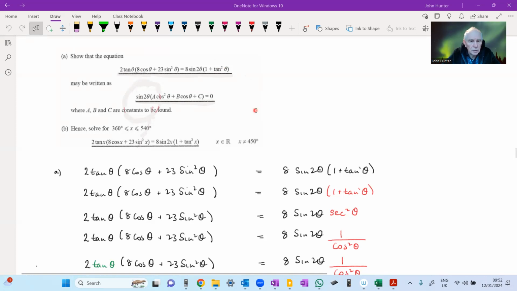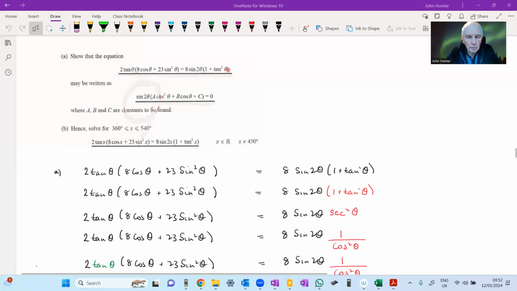So as with these things, what I need to do is look at what we've got and where we're trying to get to and spot where the differences are. Well, one thing, we've got tangents involved in this, haven't we? Now, tangents are easily converted into sines and cosines.